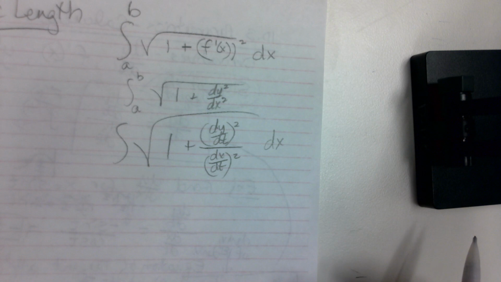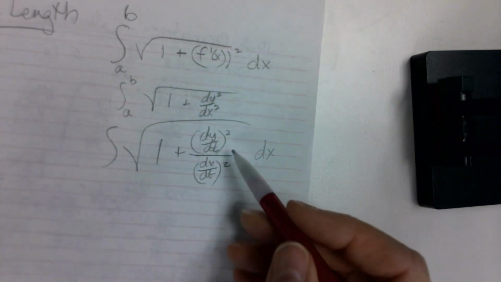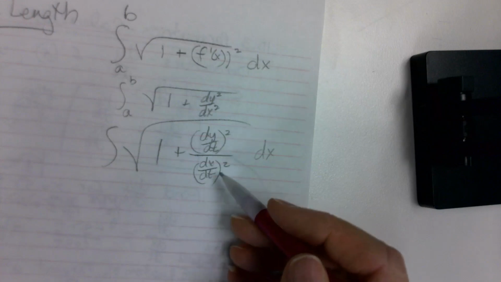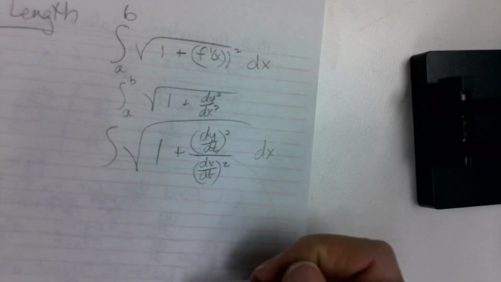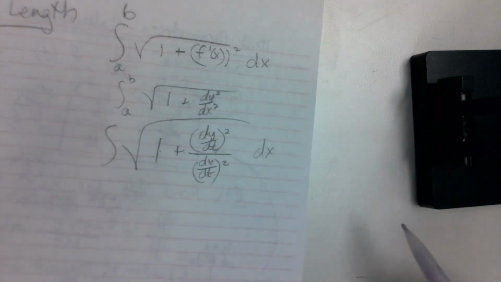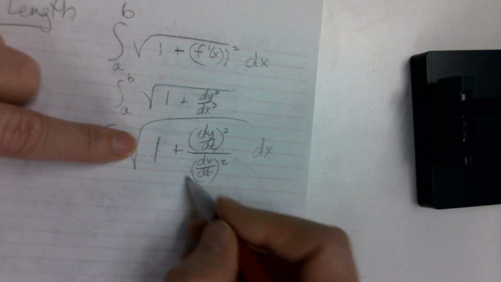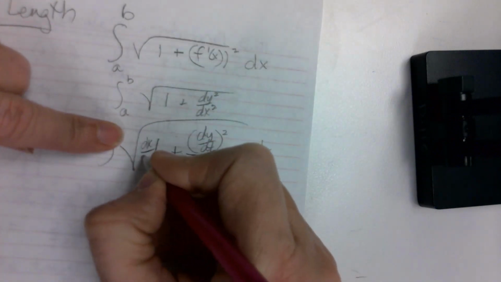So now, what can I do in order to add two fractions together? Get a common denominator, which would be dx dt squared.